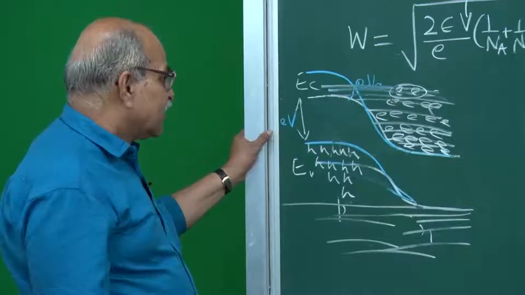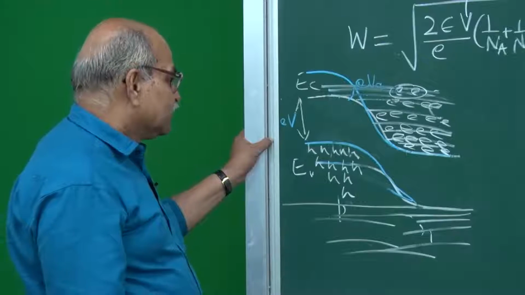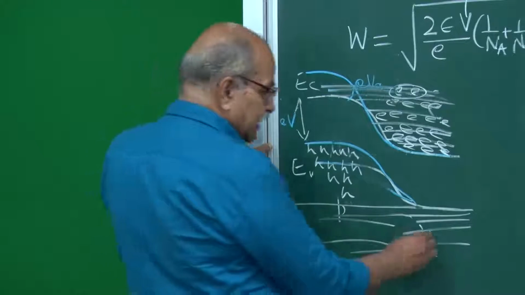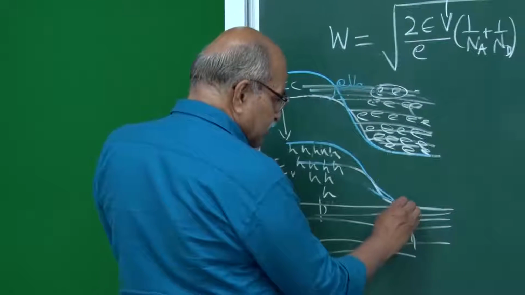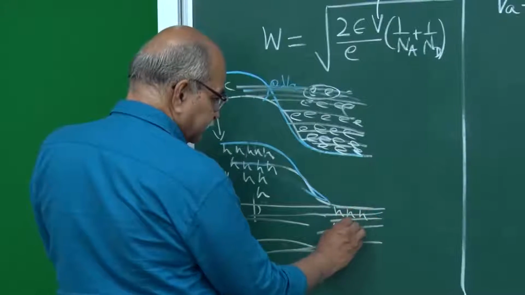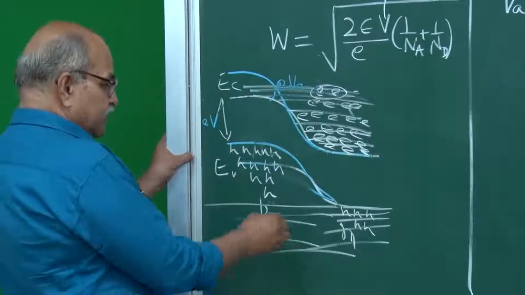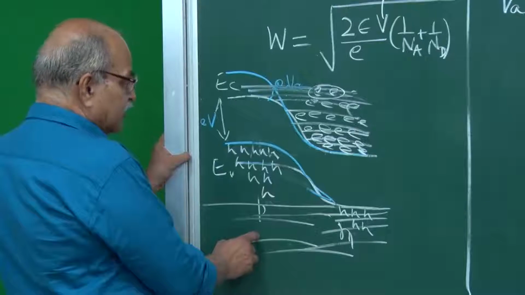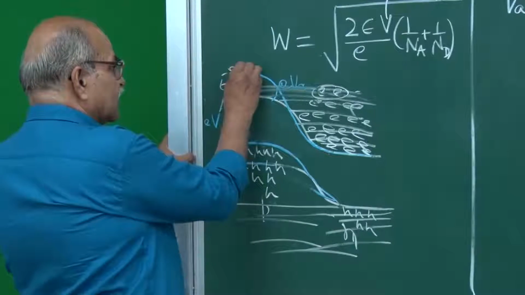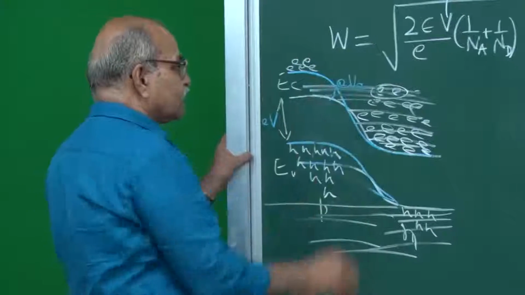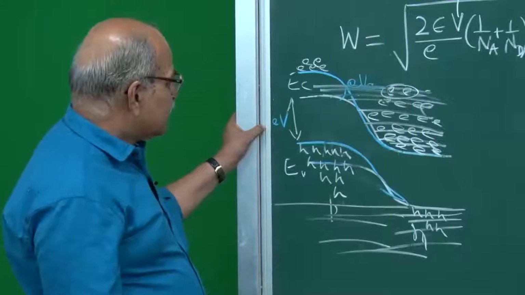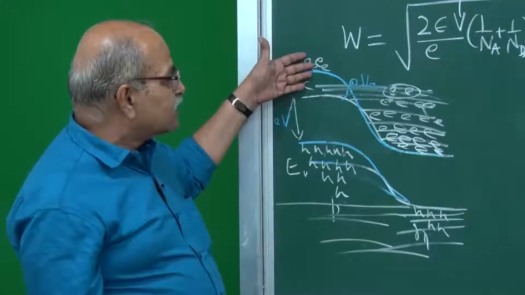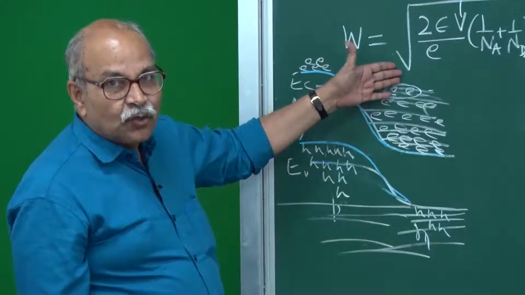Minority carriers. Now, look at the minority carriers, what happens? Where are the minority carriers? In n side, the minority carriers are holes. So, these are the minority carriers. And similarly, here in p side, the minority carriers are electrons. So, here are those electrons. And you can see that minority carriers can easily go.